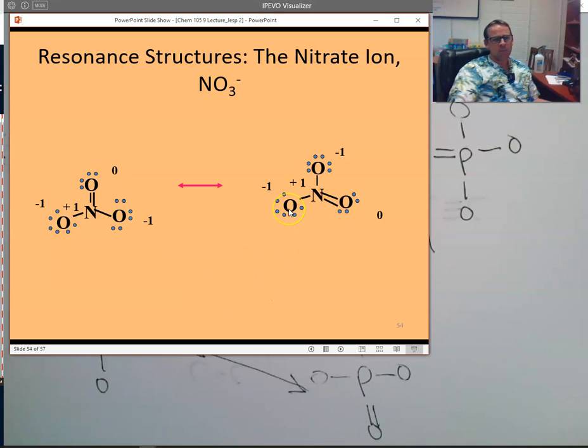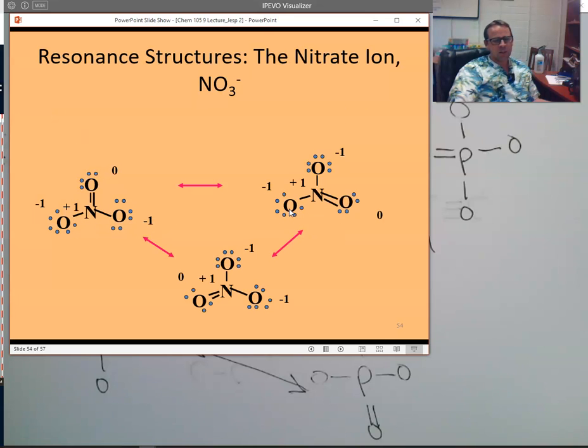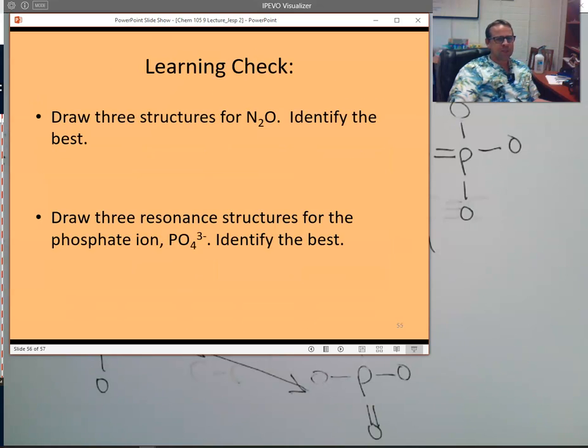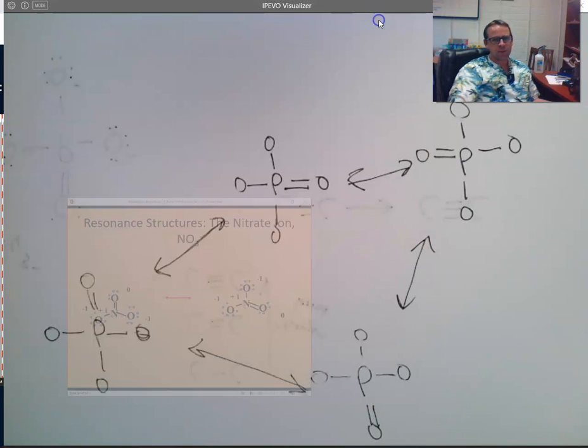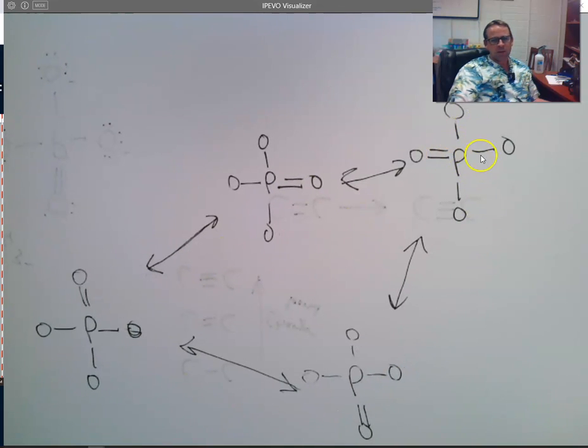Okay? And what these resonance structures teach us, let's go back to this one here, is that a molecule can find stability if it has more regions in which the electron density can move around.